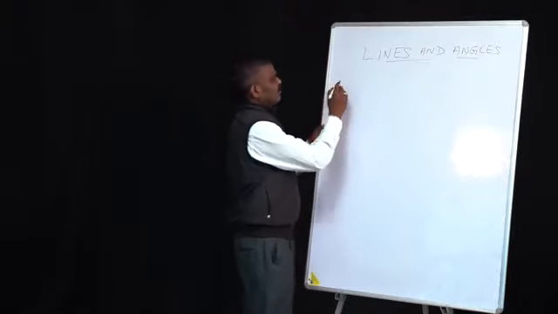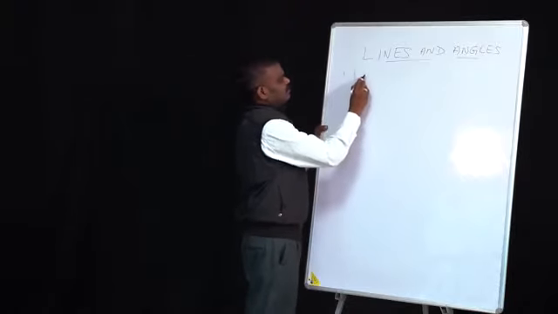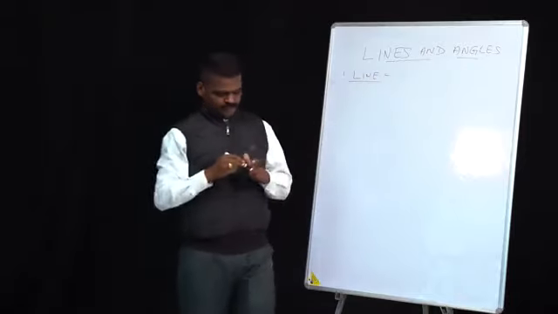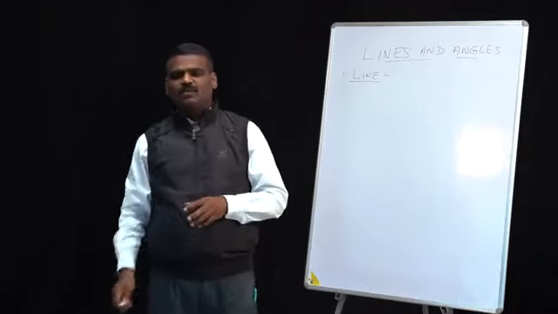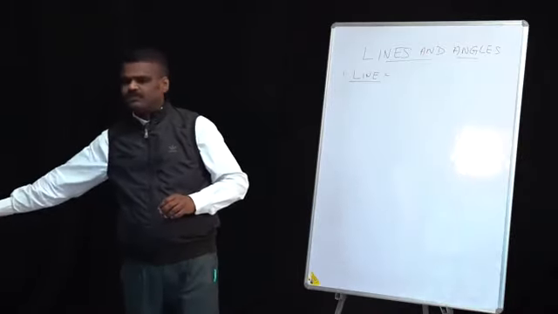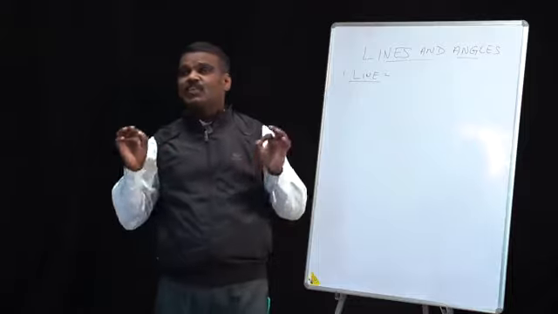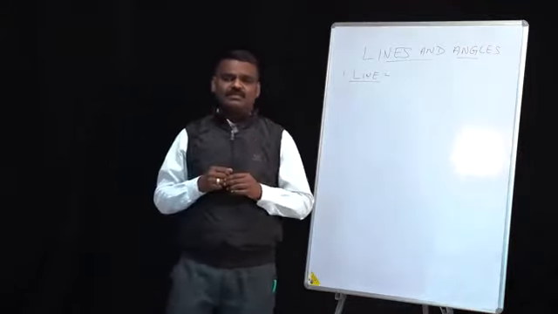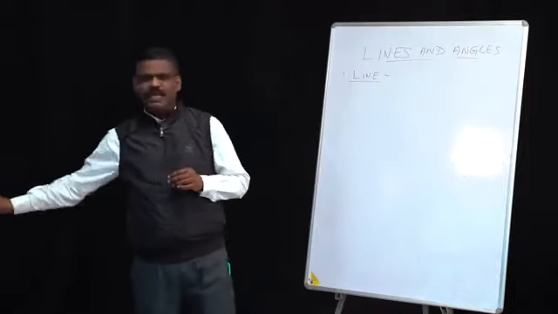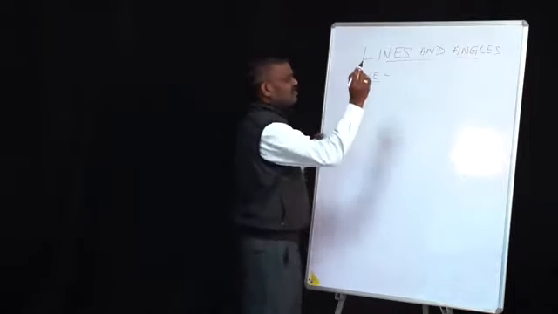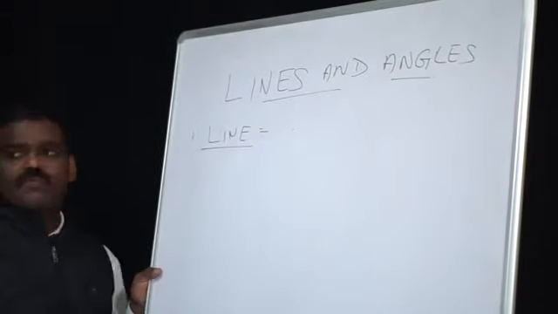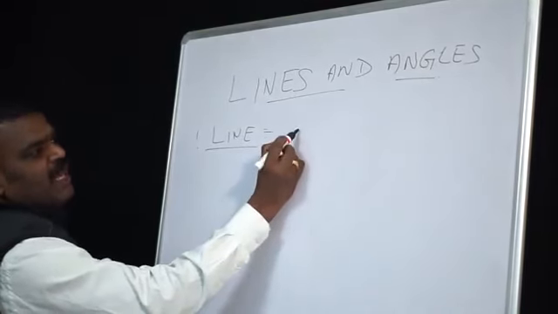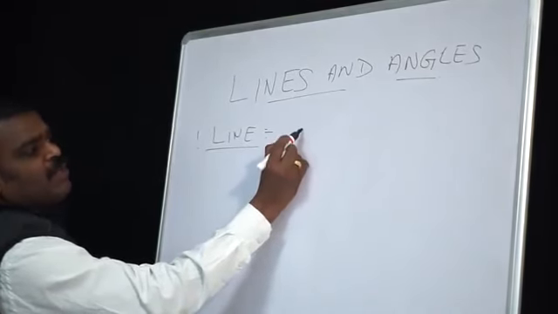First point is line. What is line? Line is a collection of points which are arranged in order to make a line. For example, this is a point. All of you know point, right? Then I will put one more point here, another point, another point, another point.